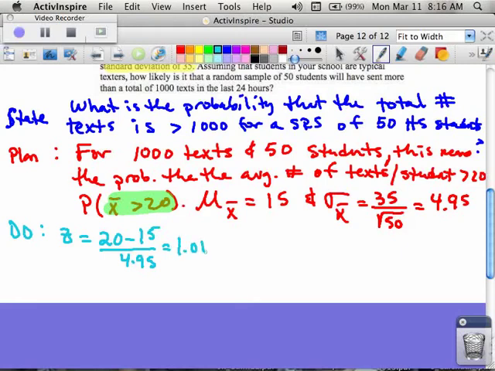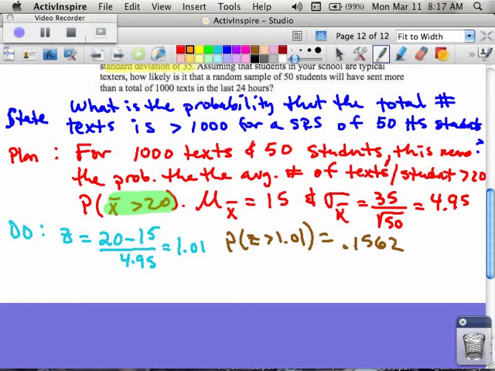So then my probability is that the z-score is going to be bigger than 1.01, which we calculate to be 0.1562.